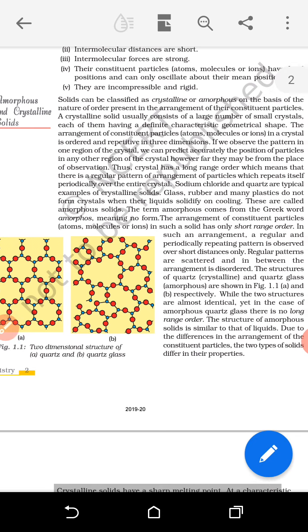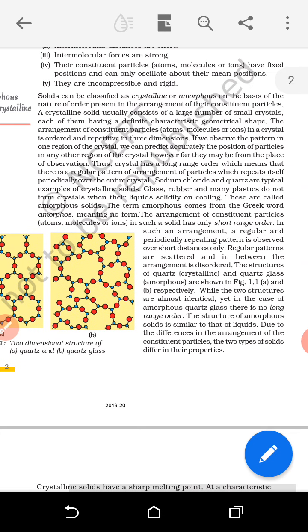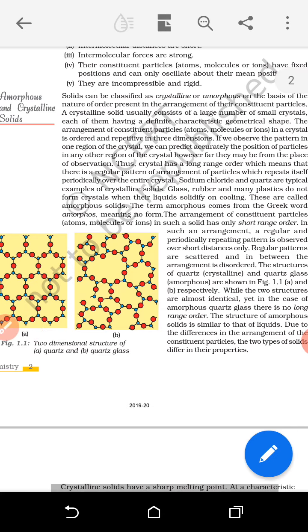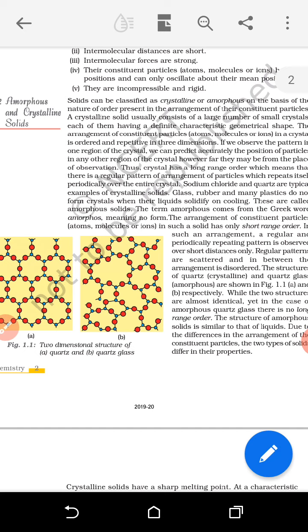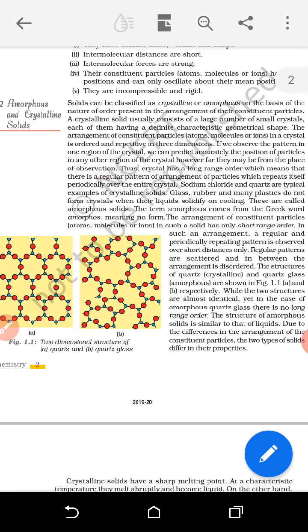Depending on the nature of arrangement of constituent particles in a solid, it can be classified as either amorphous or crystalline solid.